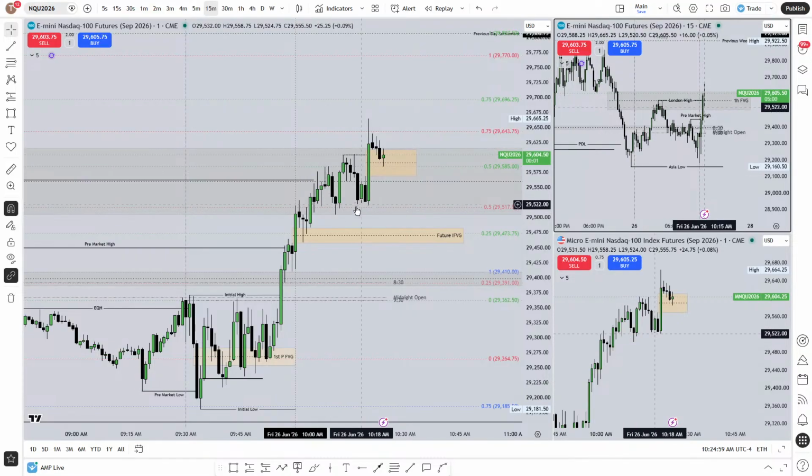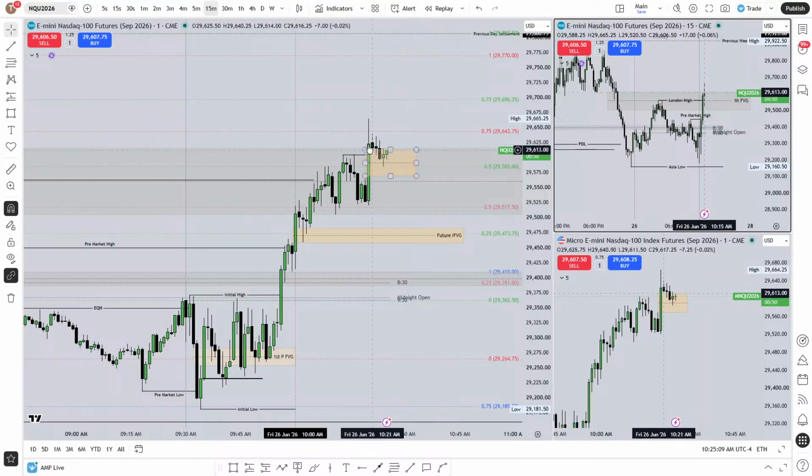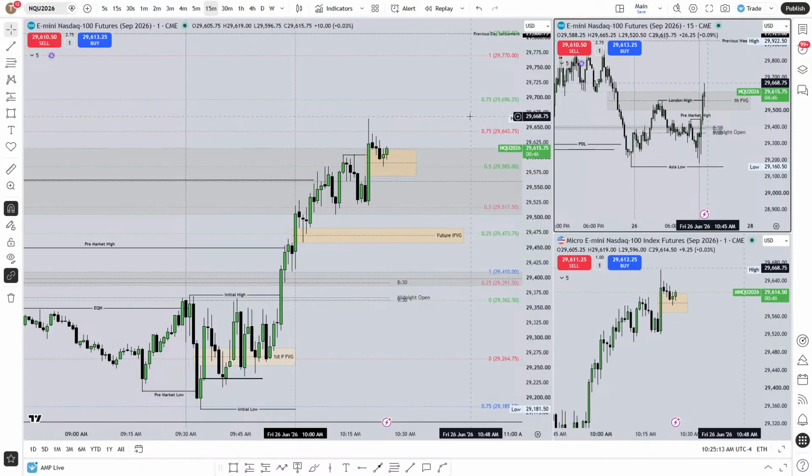I'd consider these relatively equal here. Then people see this as a bull flag. So it's an instance where I'd want to see the bull flag fail.